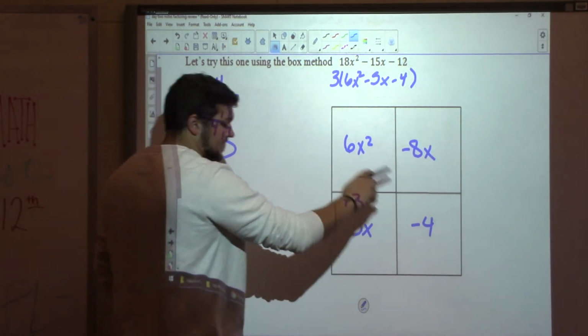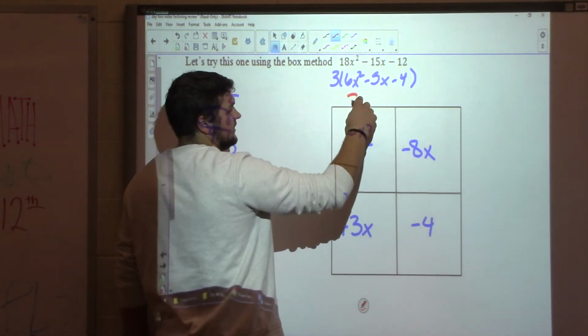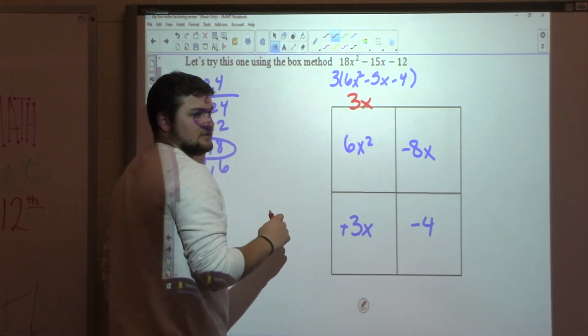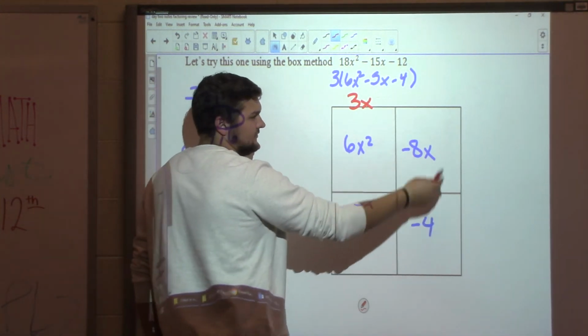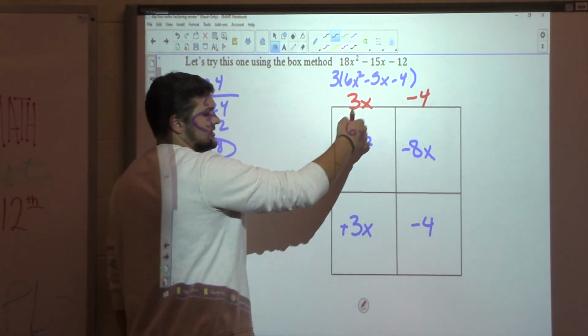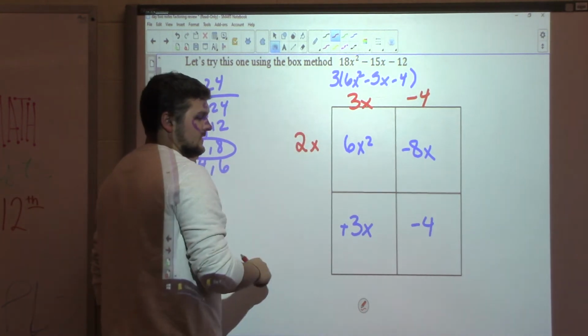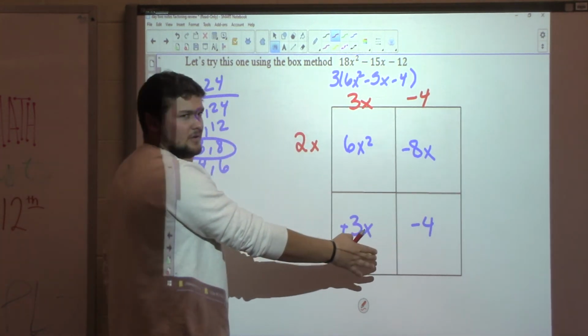So I'm going to go ahead and factor them out. 6x squared and 3x will be 3x. Negative 8x and negative 4 will be negative 4. 6x squared and negative 8x will be 2x. 3x and negative 4 will be 1, right?